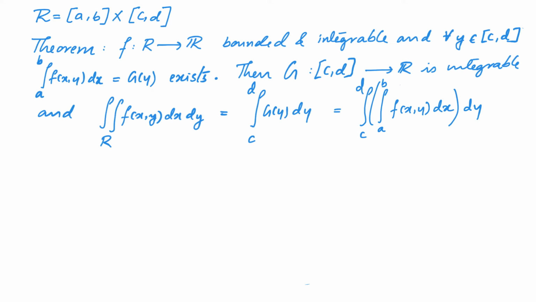Now, using similar ideas, we can prove an analogous result where we replace the role of x by y. More precisely, we can show that if f is a function from R to R that is bounded and integrable, and for every y in the interval c comma d, the integral from a to b of f of x comma y dx exists, let's call that value g of y, then the function g from c comma d to R is integrable, and the integral of the function f over the rectangle R is given by the integral of g from c to d.